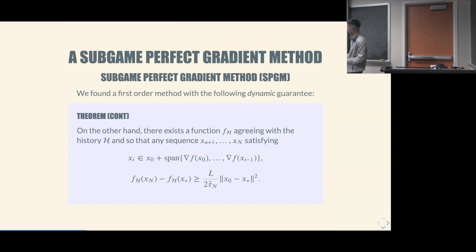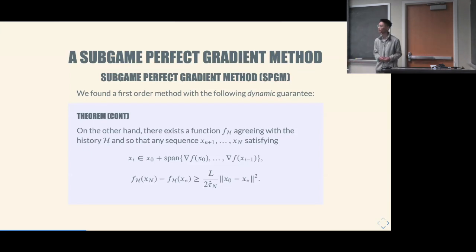For the hard function, I think they're not unique. The hard function certainly is not unique, for example. But yeah, I'm not sure about the uniqueness of the algorithm. That's a good thing to ask about.